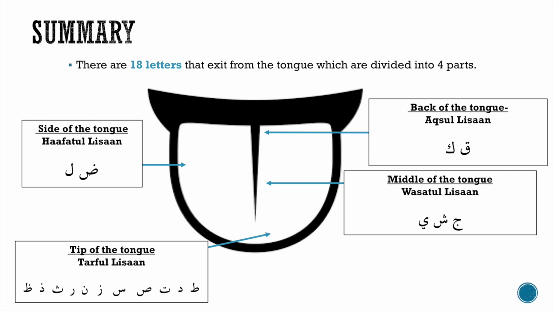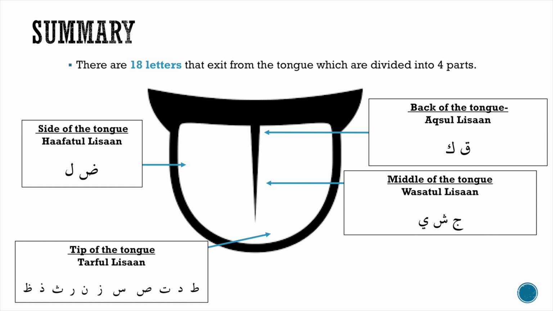A quick reminder, these 18 letters that exit from the tongue are divided into 4 parts. From the back of the tongue, from Aqsa al-Lisan, comes the letter Qaf and Kaf. From the middle of the tongue, Wasat al-Lisan, comes 3 letters, Jim, Sheen and Ya.